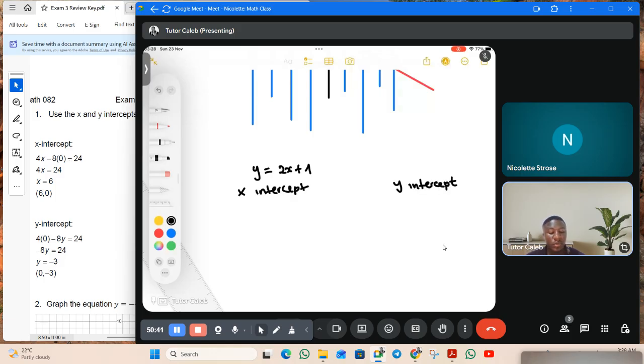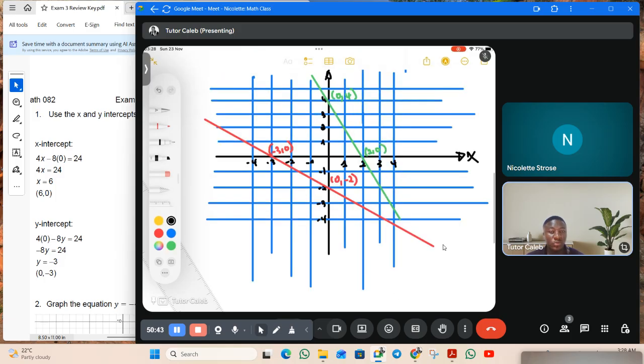Remember what I told you about the x-intercept? I told you that on the x-intercept, the y-coordinate is always 0.